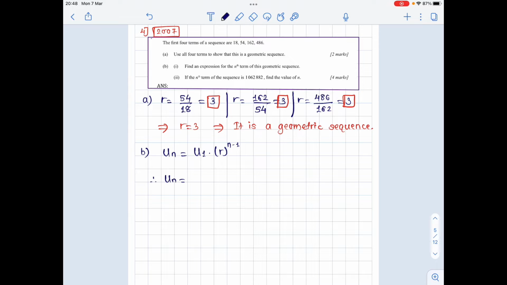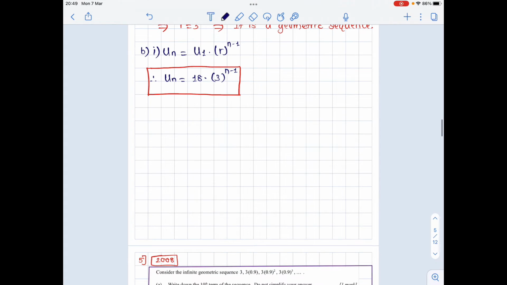So un is equal to u1, which is 18, times r, which is 3, raised to n minus 1. Second part. If the nth term of the sequence is 1062882, find the value of n. Now you can do this by trial and error or using a logarithmic rule.